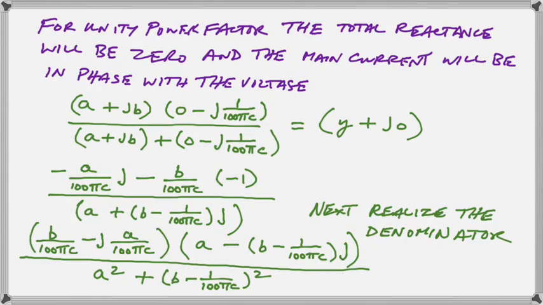Okay, so in order to get unity and to get rid of all reactance in the circuit, so that the main current will be in phase with the voltage, we have constructed an equation there. Now, this equation is just your good old equation for 2 parallel resistors, R1 times R2 over R1 plus R2, which you're probably very familiar with, except now we are using the impedances. So we have Z1 times Z2 over Z1 plus Z2.